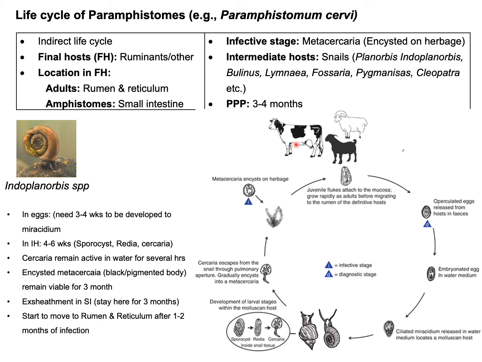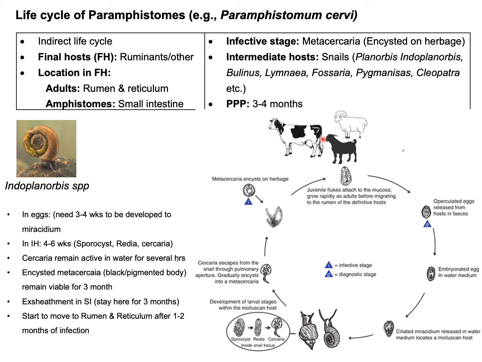And afterwards, this encysted metacercaria will travel to the small intestine, and there will be excystation, and they will stay over there for a certain time. And afterwards, they will move back to the rumen and reticulum to become mature parasite. And this mature parasite will start releasing eggs.